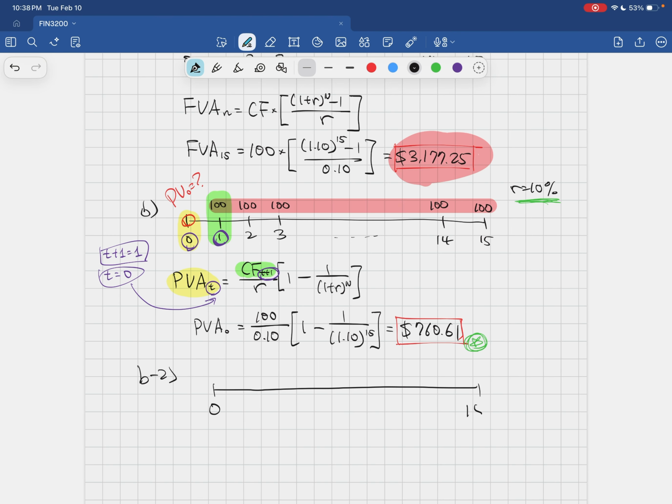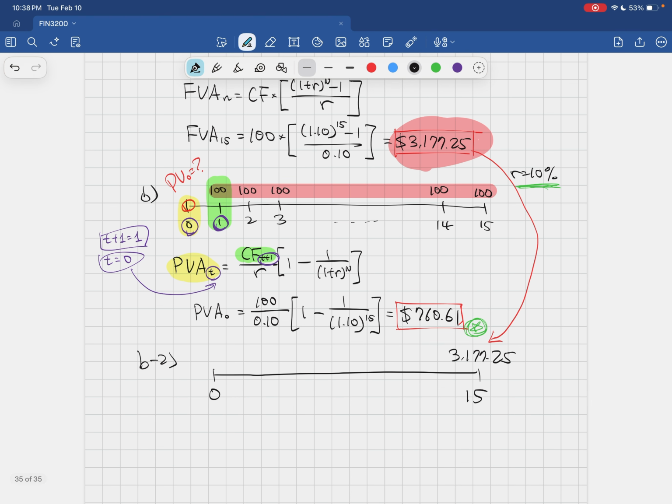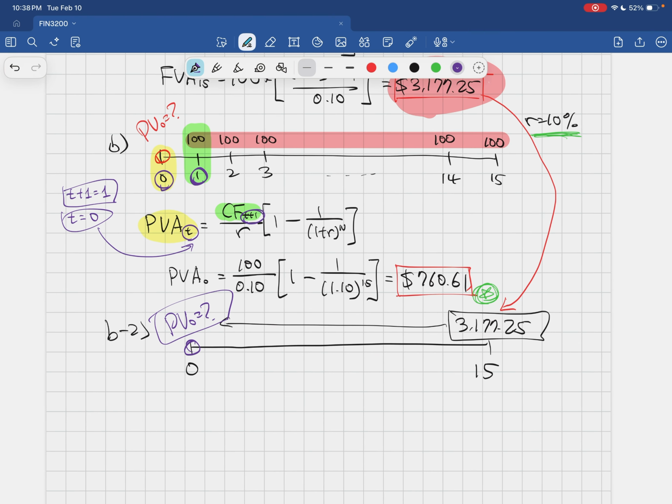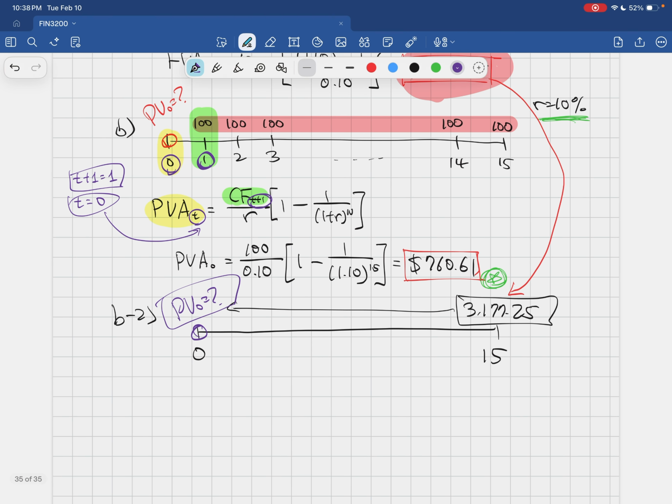0 and 15. I'm going to use the number that we already calculated down here, 3177.25. Then using this value, I'll calculate the equivalent value as of time 0. How do we calculate the PV based on this timeline?